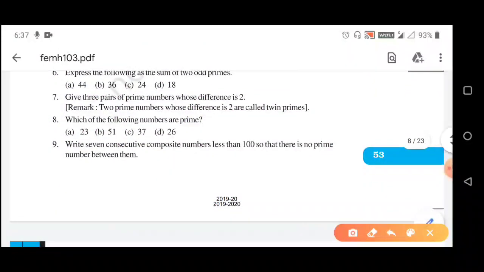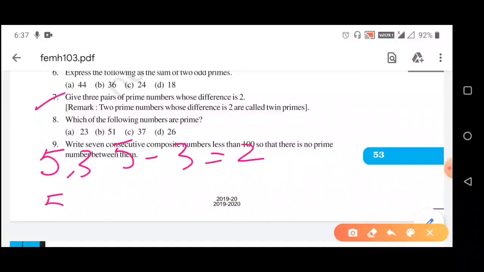Now question number 7. Give 3 pairs of prime numbers whose difference is 2. Now first of all we can write 5 and 3, where 5 minus 3 is 2. Now we can write 5 and 7. So 7 minus 5 is 2.